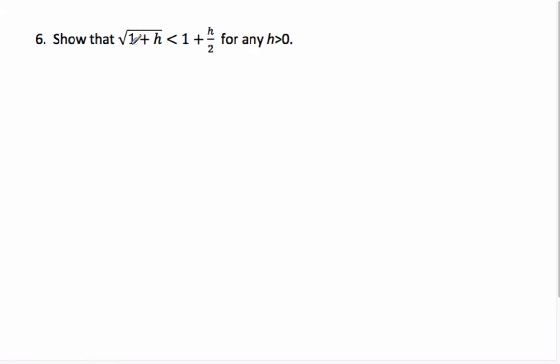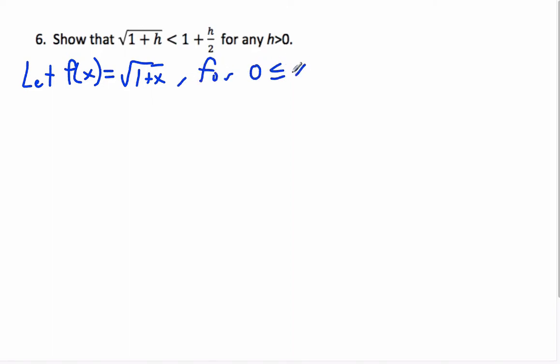Okay, in this one we're going to use the mean value theorem to prove this inequality. And we're going to start by letting f of x equals root 1 plus x, where x is between 0 and h.